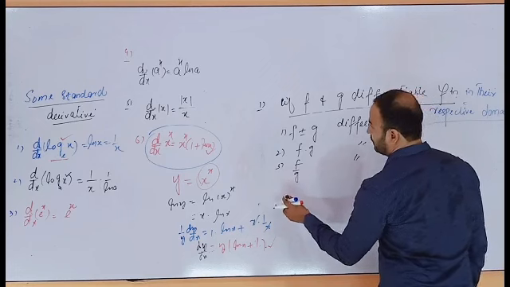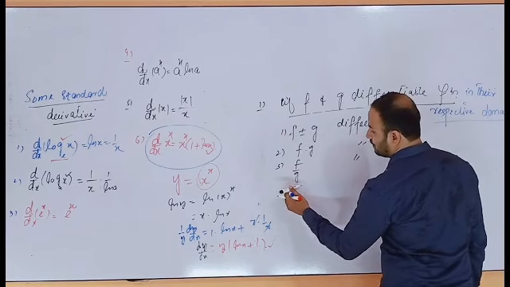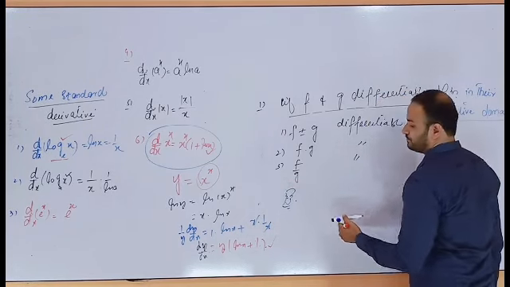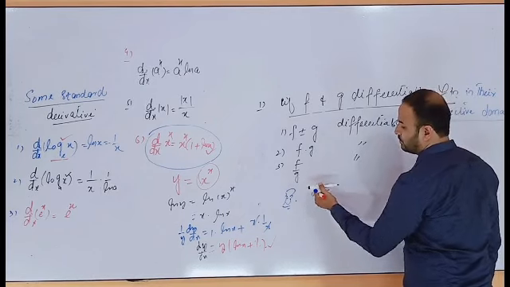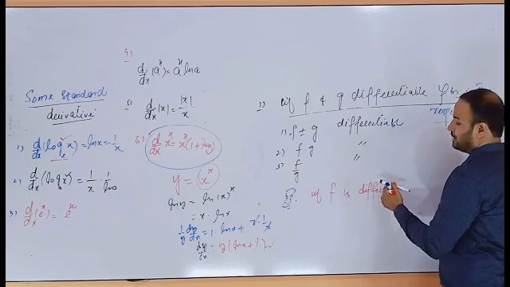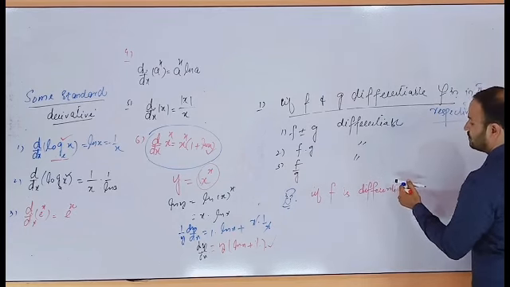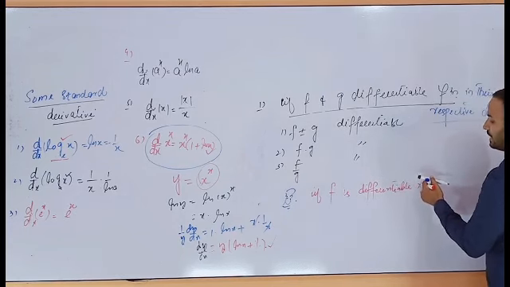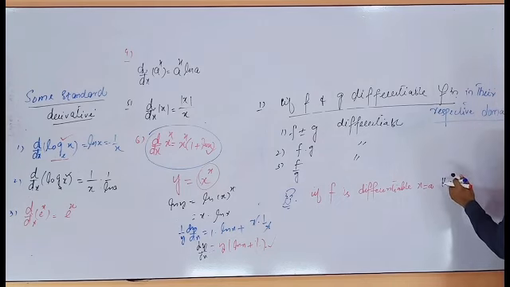Next, this is a very important point that I want to tell you. If f is differentiable at a particular point x is equal to a, then f is continuous as well.